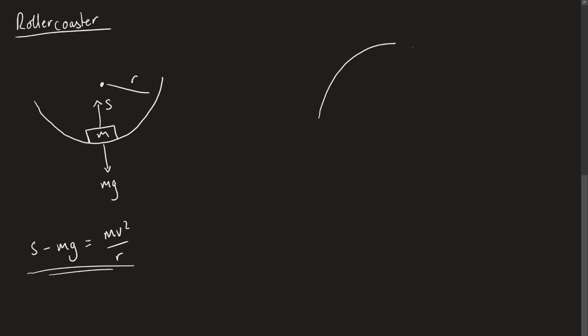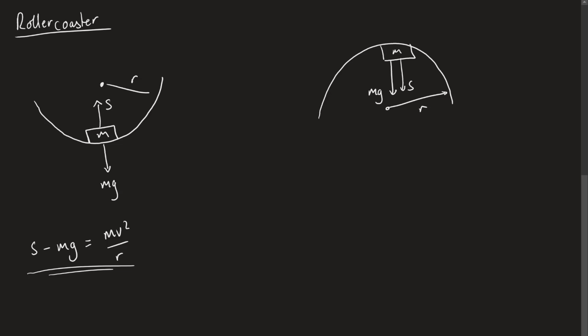Now, if we were to look at how it would look if we reach the top of the loop, we're going to have the same radius because it's gone from the same loop. But now when the car is at the top of the loop, we end up with all of the forces acting downwards, because if it's mass m, we have the weight force acting downwards, mg, and the support force is also acting downwards because it's the force that the rail applies to the car.